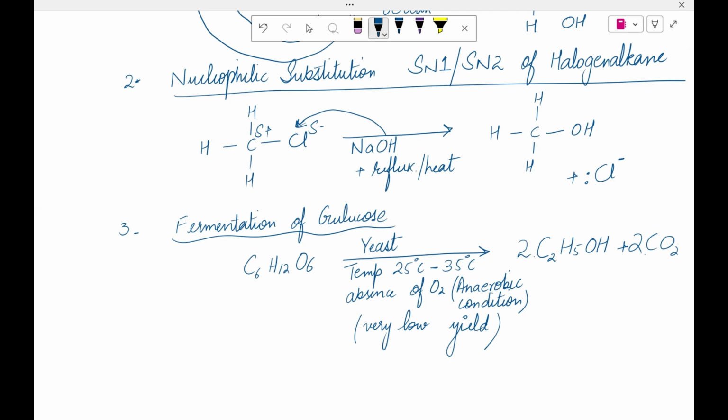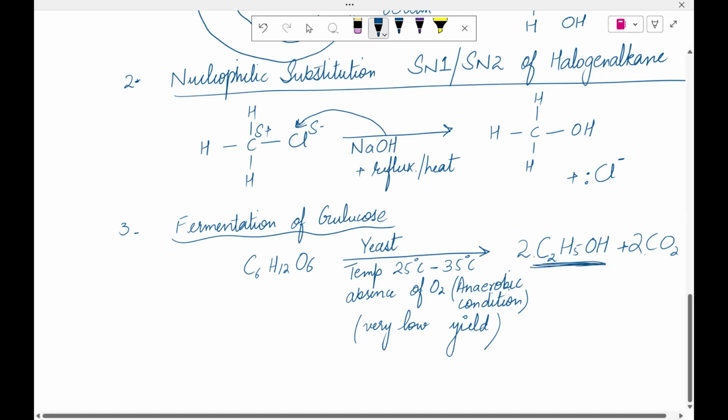As we know, this alcohol has been created, so it is basically going to kill the yeast. Okay. So that is why this reaction has a low yield.